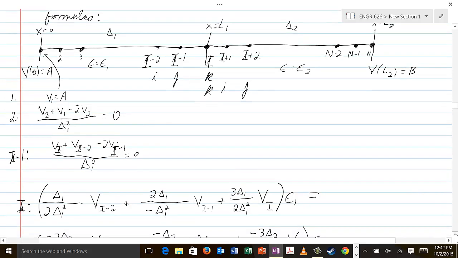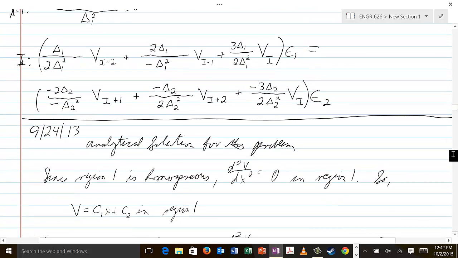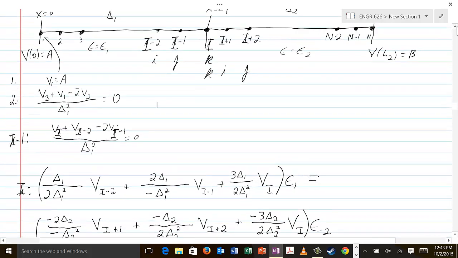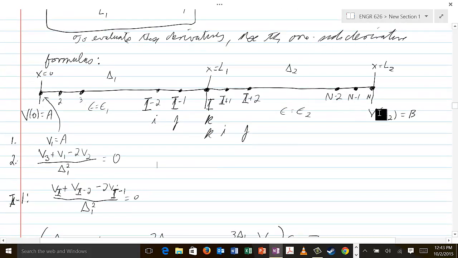I haven't spelled it out here, but you'll do a similar kind of thing for all the nodes to the right of the interface. For instance, at the last node you'll have Vn equal to B, because our boundary condition there is B. But for nodes I plus 1 through n minus 1, at each one of these you'll just have the same kind of equation we had before.